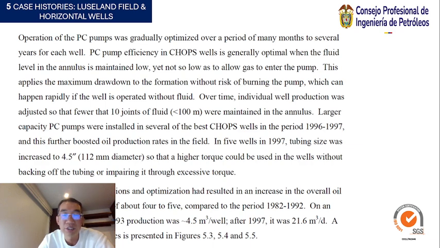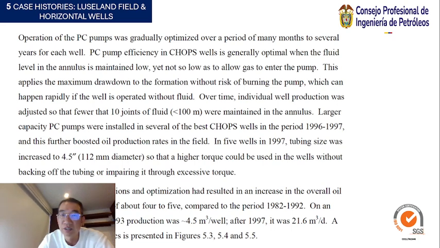PC pump efficiency in CHOPS wells is generally optimal when the fluid level in the annulus is maintained low, yet not so low as to allow gas to enter the pump. This applies the maximum drawdown to the formation without risk of burning the pump, which can happen rapidly if the well is operated without fluid.